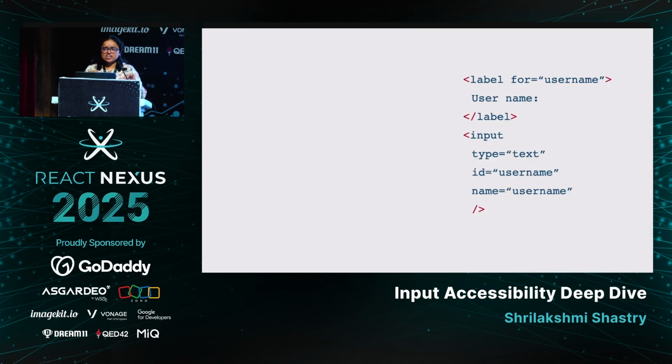Then, what are some of the best practices to provide the ARIA label or ARIA labeled by? Always try to bind the input tag with the label tag. Use labeling attributes if the label tag is not near the input tag in the DOM. When you provide a label, make sure it is very descriptive.